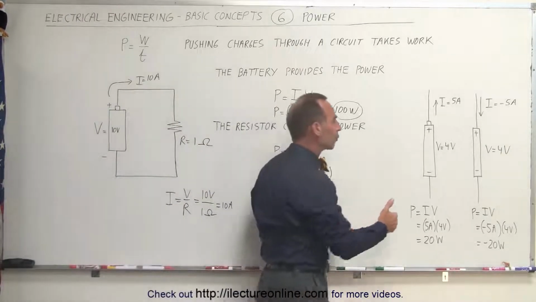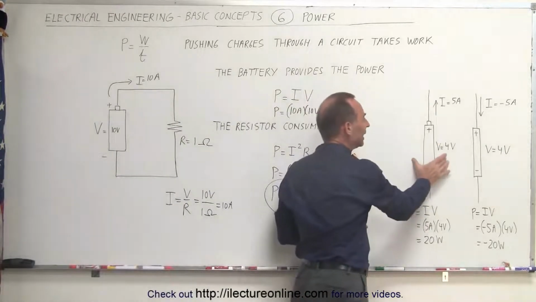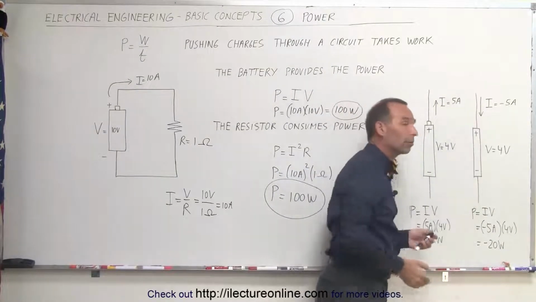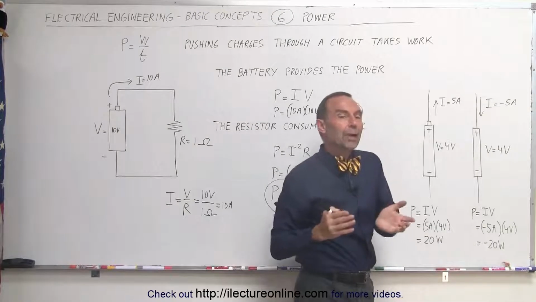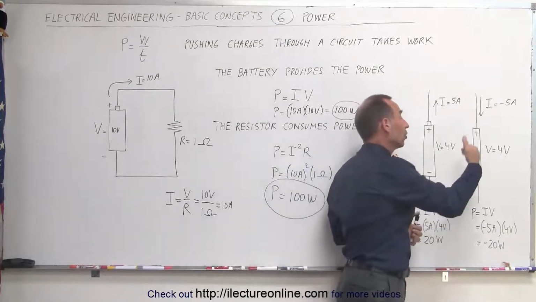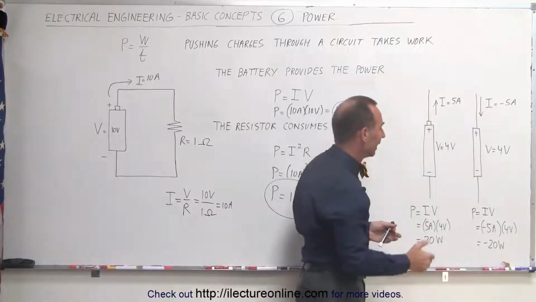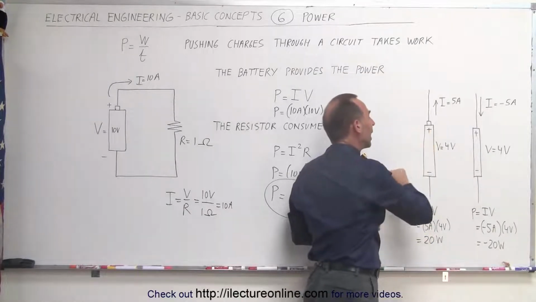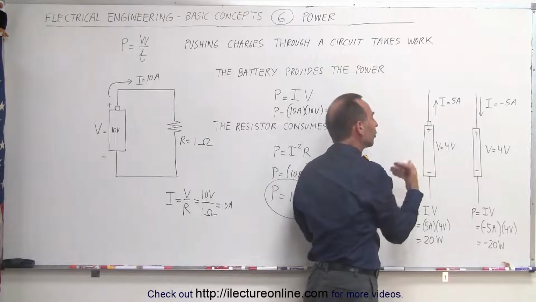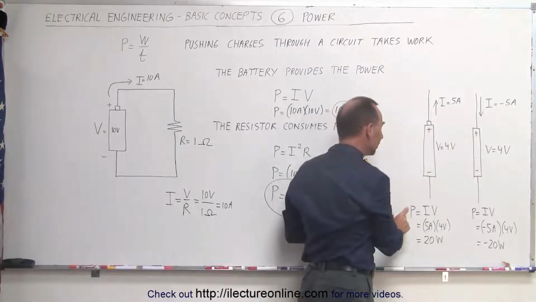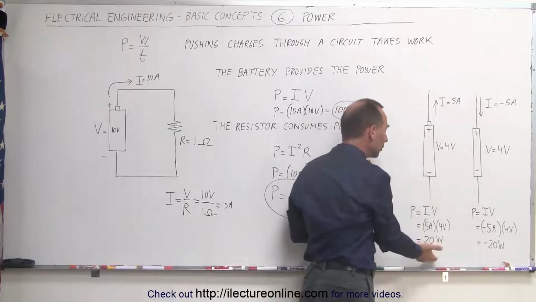One more thing we should mention. Notice that we could have a current flowing in the direction indicated by the battery. Sometimes we have the current flowing in the opposite direction, because there may be another battery or another power source that is larger than this one, causing the current to flow in the opposite direction. If the polarity of the battery, the positive end and the negative end, are such that it's indicating the same direction as the direction of the current, then the power provided by this battery will be positive.